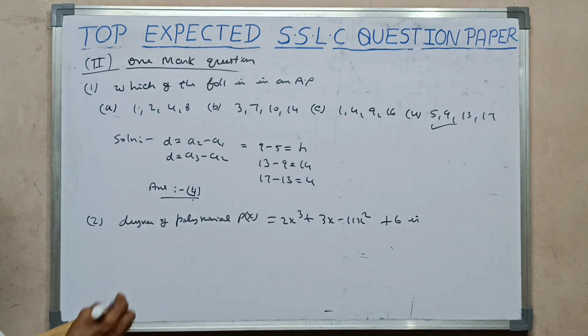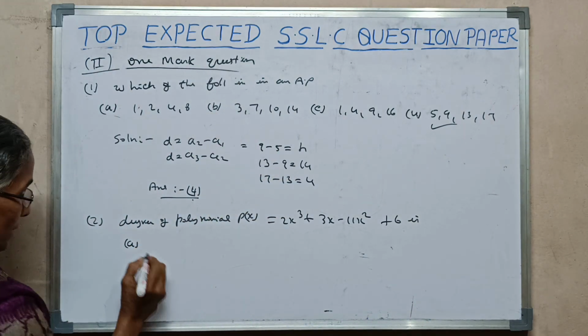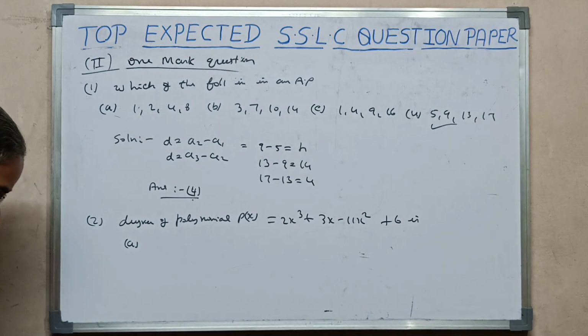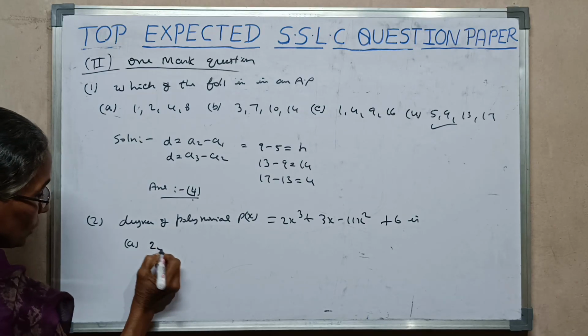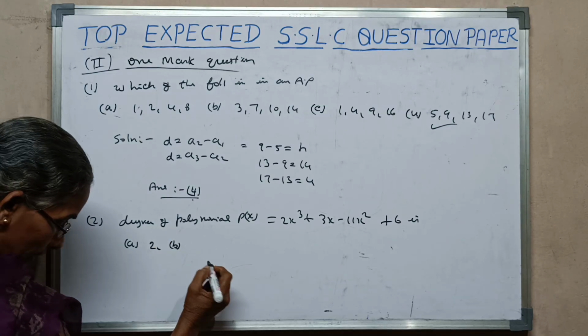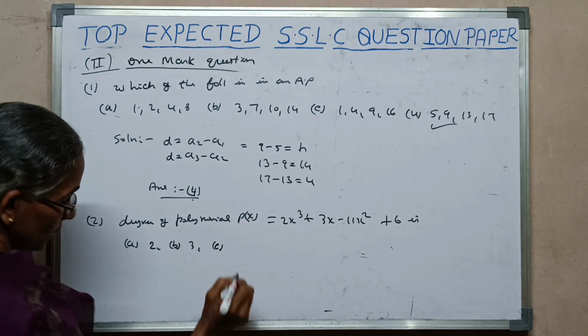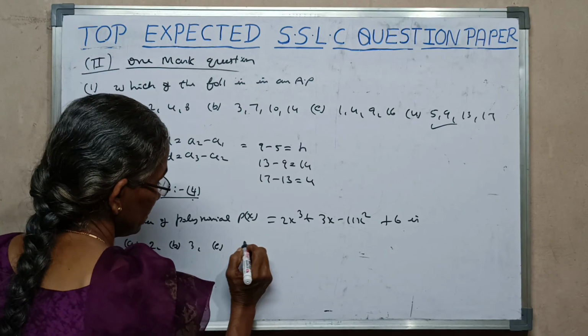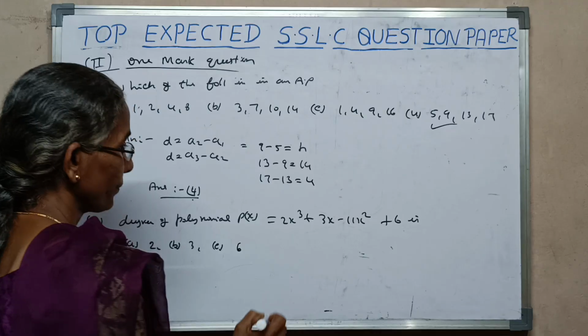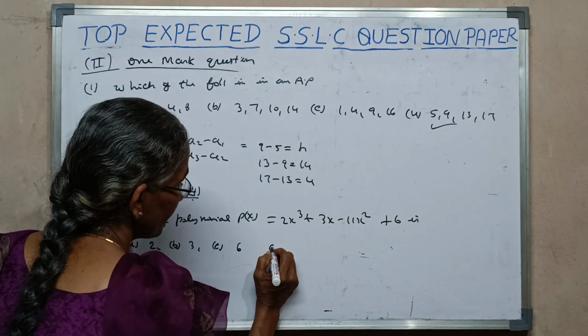The options are: first option 2, B is 3, C is 6, D is 11.